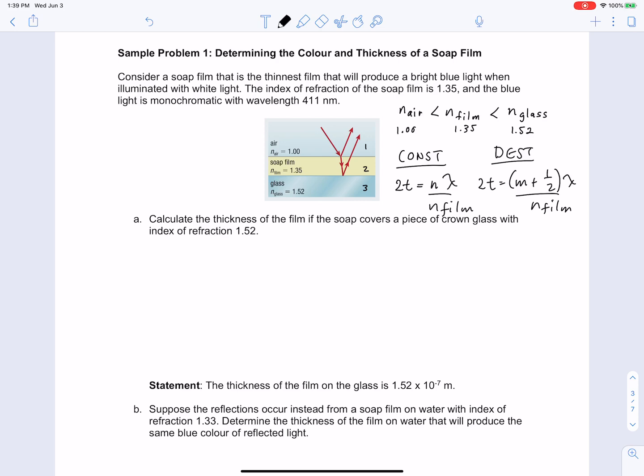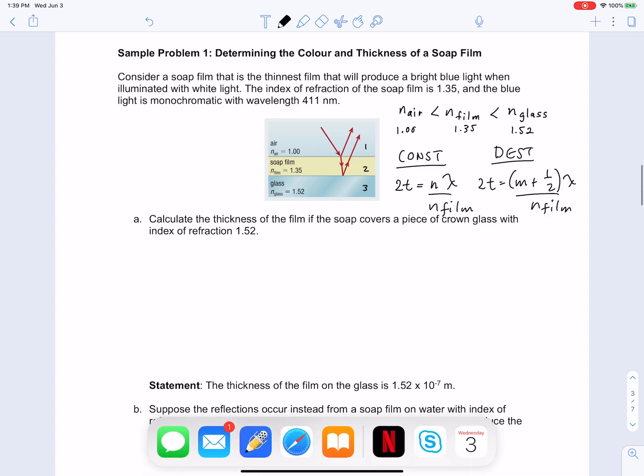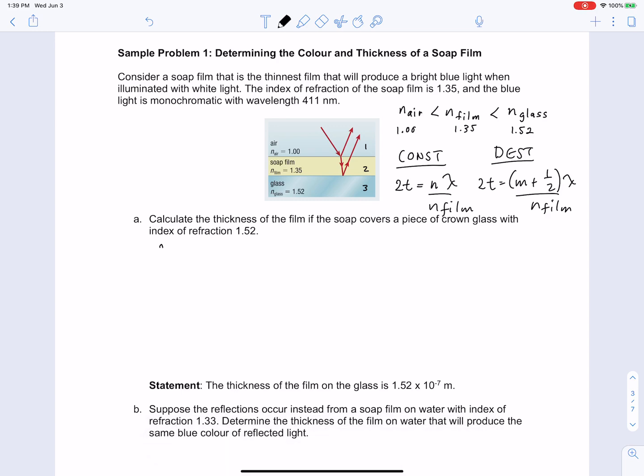So we know that the wavelength is 411 nanometers, which is equivalent to 411 times 10 to the power of negative 9 meters, because nano means 10 to the power of negative 9, which corresponds to, in proper scientific notation, 4.11 times 10 to the power of negative 7 meters.